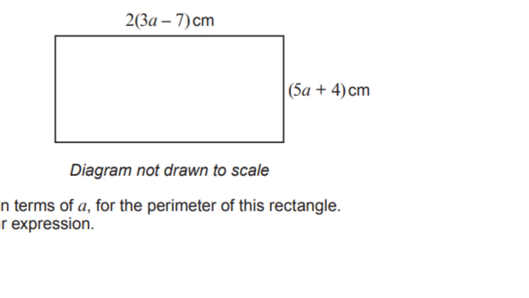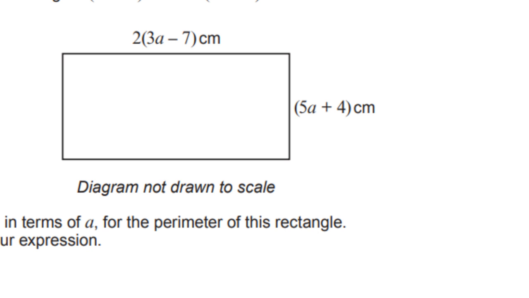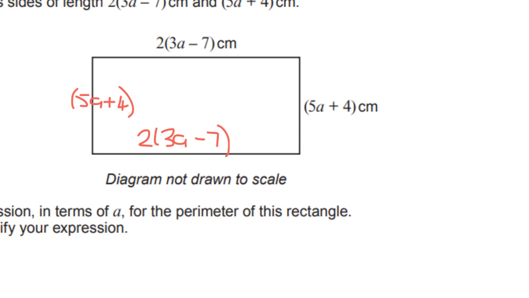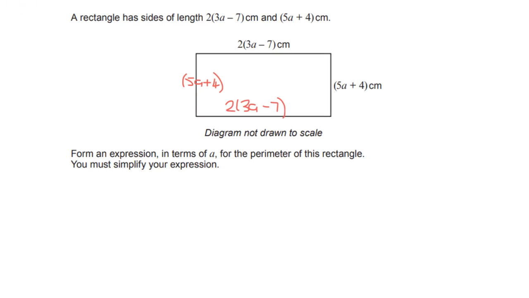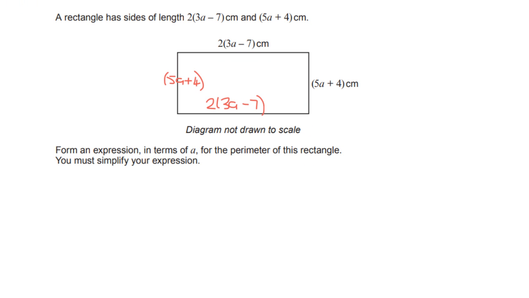So first thing I'm going to do is treat it as a rectangle and label all four dimensions. So this one is 2(3a - 7), and this one is 5a + 4. Now I've got all four dimensions, I can then look at working out the perimeter. To get the perimeter, you add up all four sides.